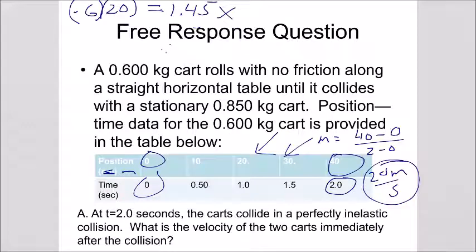But again, momentum before equals momentum after the collision. Momentum is conserved. So we solve that out for x, which is our final velocity, and we end up with a final velocity of positive 8.28 meters per second. So that's our answer to part A.